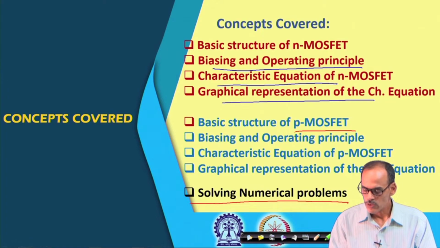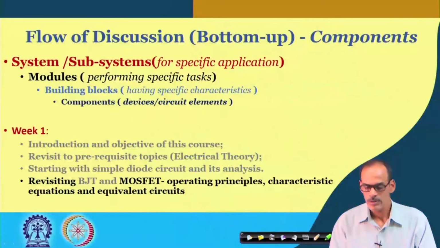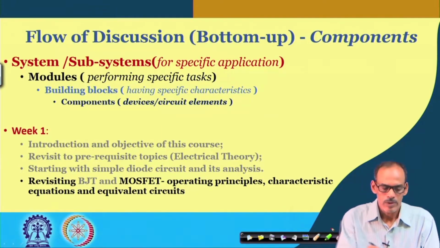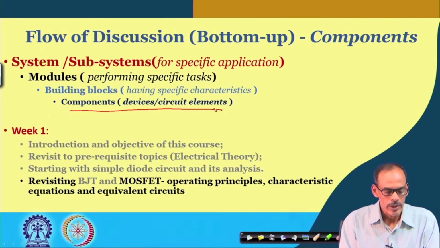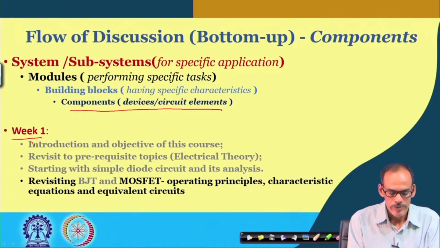So, with respect to our overall plan, where do we stand? As you see, we are at the components or device level, and we are still covering week 1. We have already covered the BJT, bipolar transistor, and today we are going to start the MOSFET.